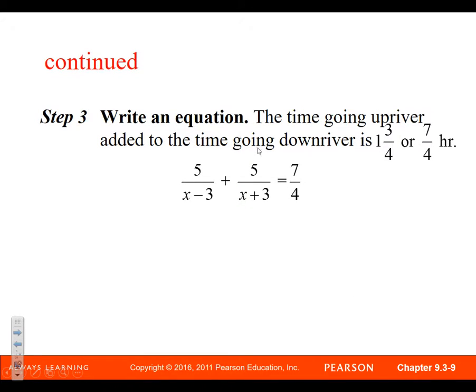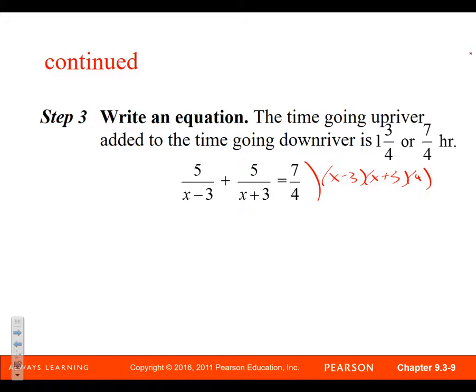So it's the time going against, and the time going with, is equal to that. At this point, just like we did before with rational equations, multiply everything by the common denominator, simplify, and solve for x. Here, I'll do that part. So that means I'm multiplying by x minus 3, x plus 3, and 4.